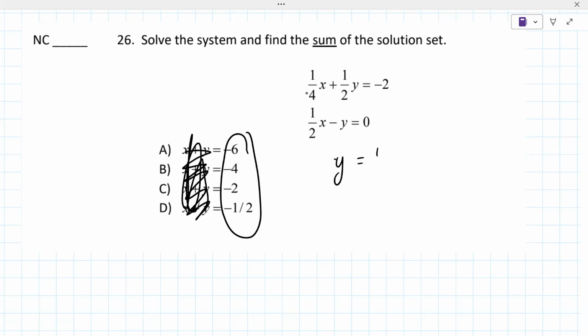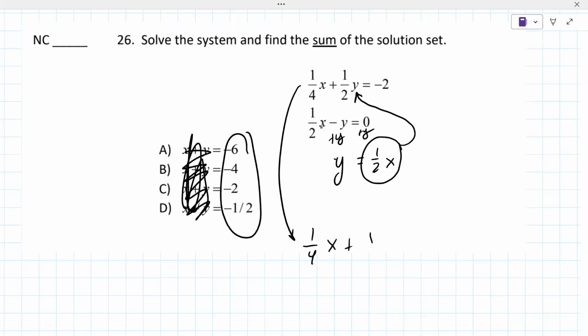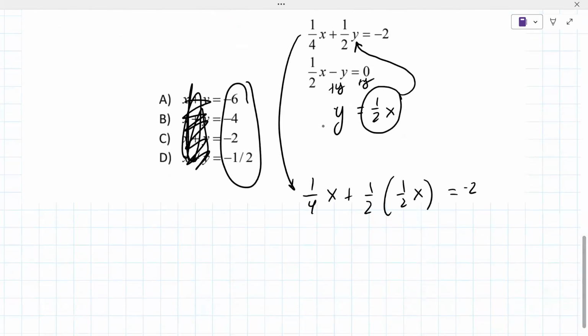All right, so y equals 1/2 x in the second equation, and then that goes back into the first one. If you wonder how I solved that so quickly, I just moved y to the other side of the equation. In this case, it's just 0 on the other side. So you have 1/4 x from the first equation plus 1/2 times 1/2 x equals -2. 1/4 x plus 1/4 x equals -2.